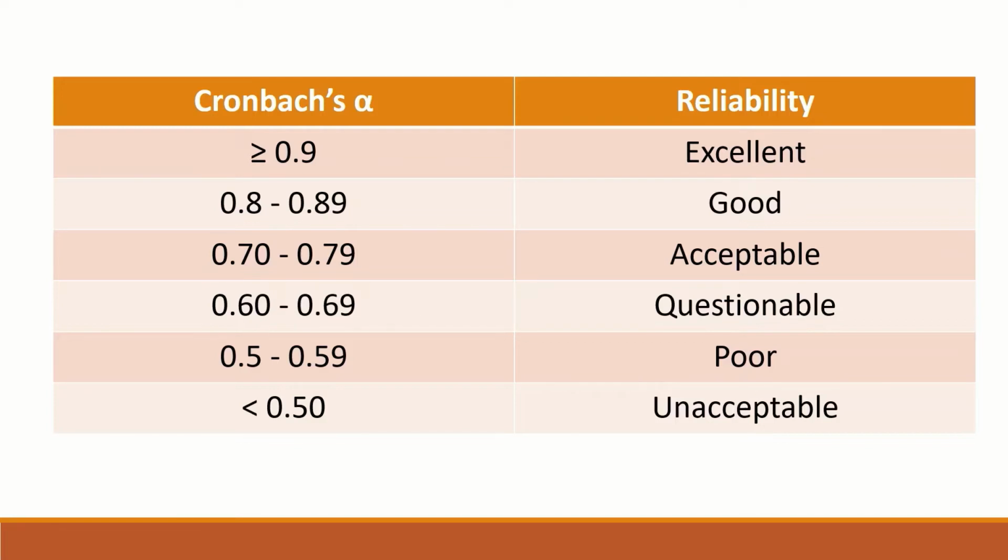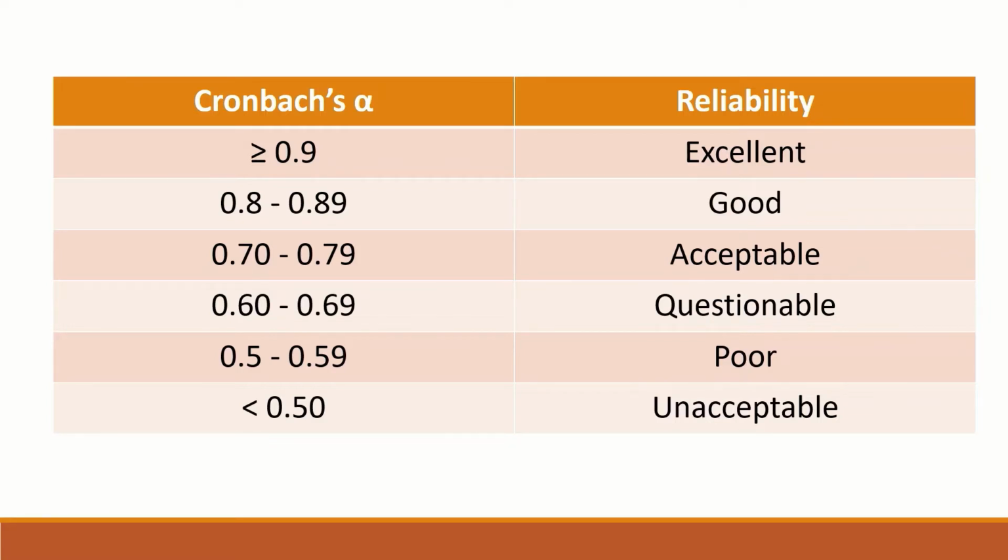A Cronbach's alpha range of 0.8 to 0.89 will have a good reliability. A test with an alpha range of 0.7 to 0.79 will have an acceptable reliability, and a questionable reliability of a test will have a range of alpha between 0.6 and 0.69, and an alpha range between 0.5 and 0.59 will have a poor reliability.